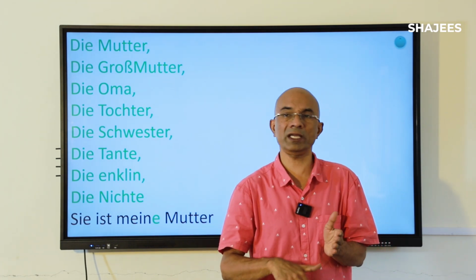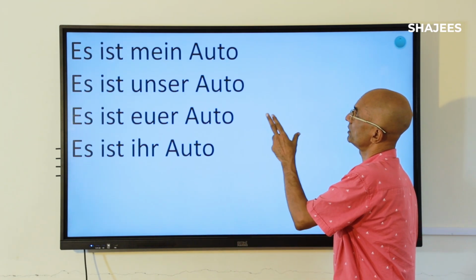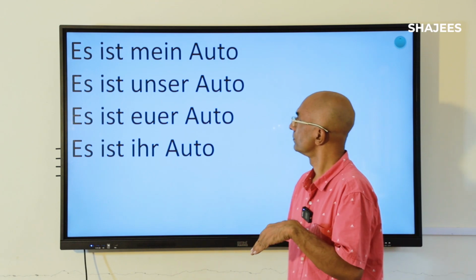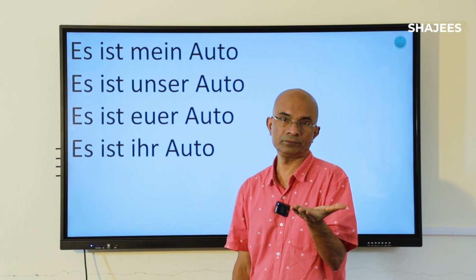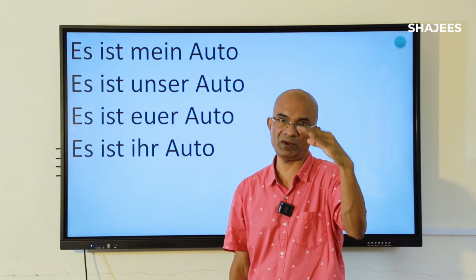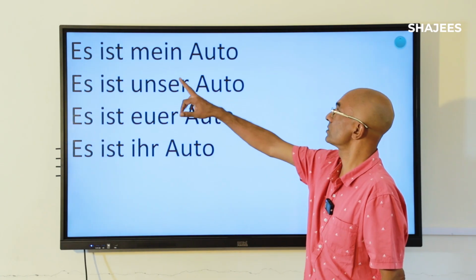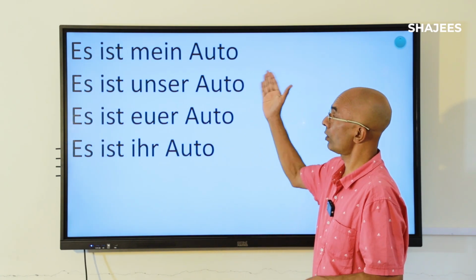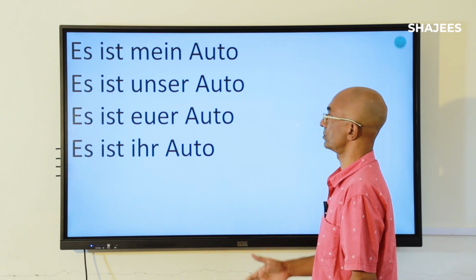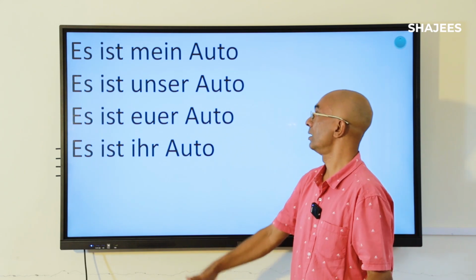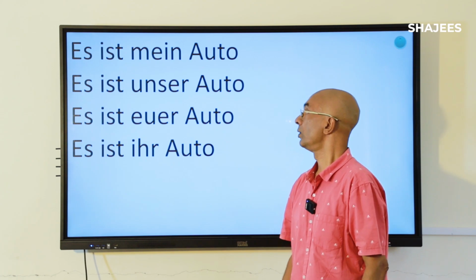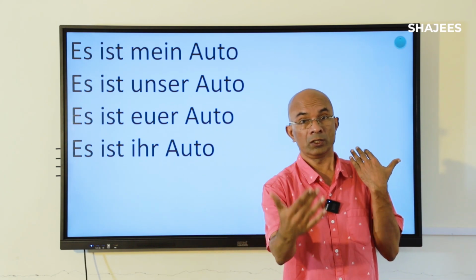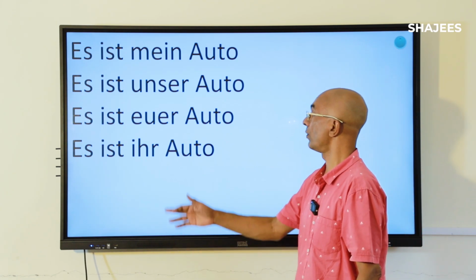Or this is. Okay. So now, if you want to add the neutrum, okay, we have learned the masculine and feminine, not neutrum. You can say es ist mein Auto. So this is my car. This is unser Auto. Okay, that is our car. That is your Auto, or euer Auto.